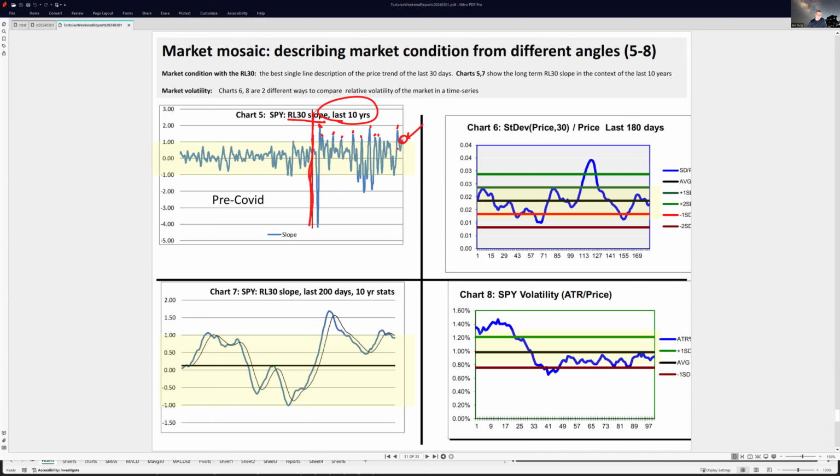In terms of pre-COVID, the market hasn't been this good in the last 10 years, except for this yo-yoing, oscillating price action as a result of COVID volatility. And that's why, even though it's as good as it's ever been, we're mindful that it can come back down very easily.